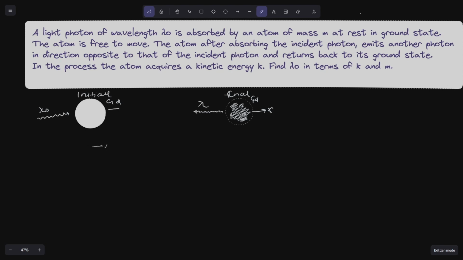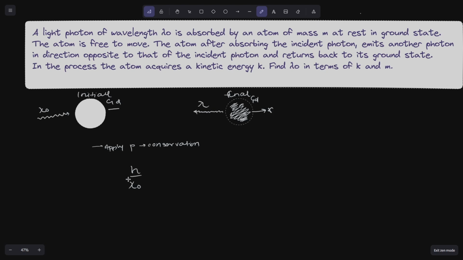So first, we'll apply the momentum conservation. We know that the initial momentum would be h by lambda naught. You may know that h by lambda naught is the de Broglie equation.